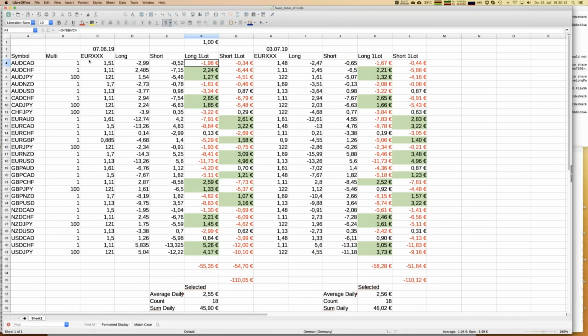As I mentioned, I started the idea for that webinar on the 7th of June 2019, and at that point in time I created exactly that table. I have updated the table 1 month later, and I will update the table again in the beginning of August. The good thing before I can tell you, the swap rates here, they indeed change on a daily rate.